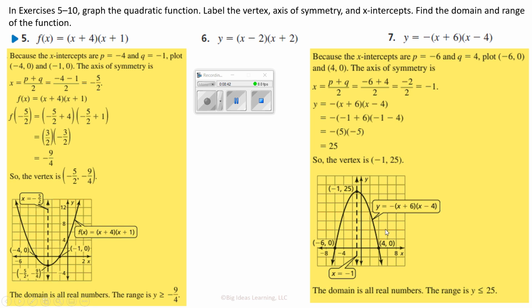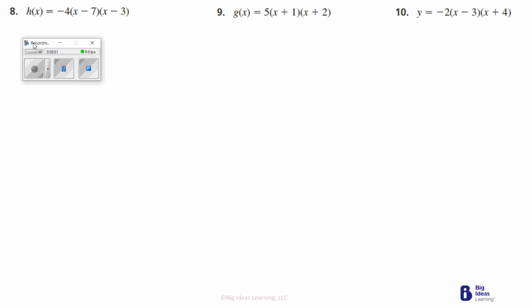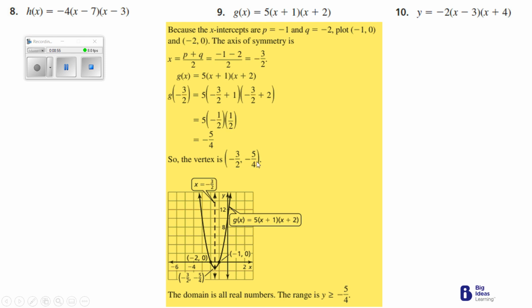Over here, the domain was all real numbers, but the range had to be less than, right? Less than 25. All right. Sorry, I had to go back and remember all the things I'm supposed to include in my answer. So on number 9, once we got our answer, we're going to plug that in. Remember, domain is all real numbers, and y has to be greater than negative 5 over 4.